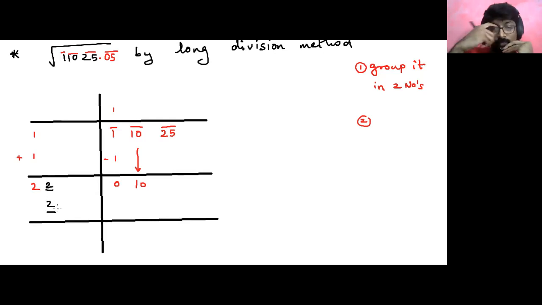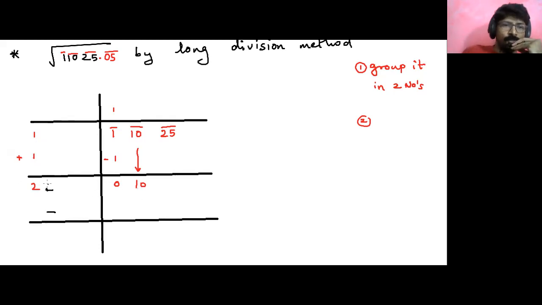If I write 8, then I'll have to multiply 28 by 8. Are you understanding how the multiplication happens? Whatever we multiply, we write over here, and the number should be chosen such that the product is less than this number.